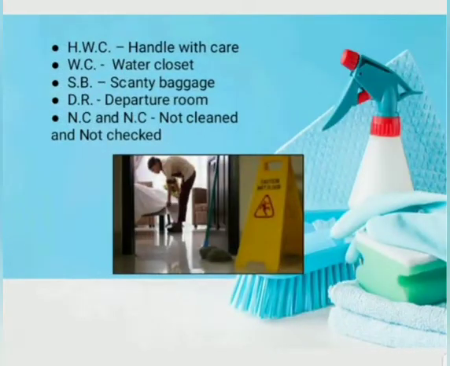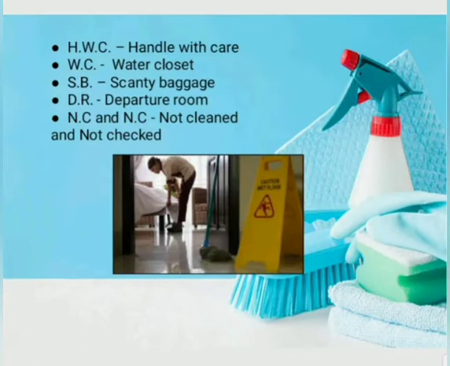DR stands for departure room. This is a group of about 15 to 16 guest rooms reasonably contiguous to each other. Next, NC, letter N and C, stands for not clean and not checked.